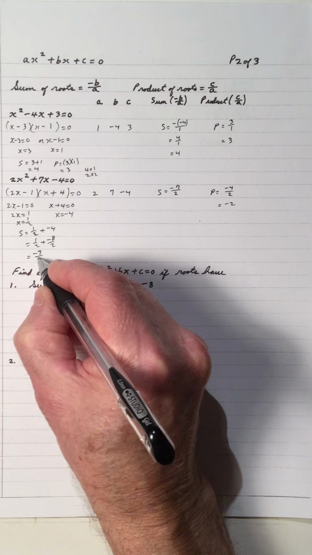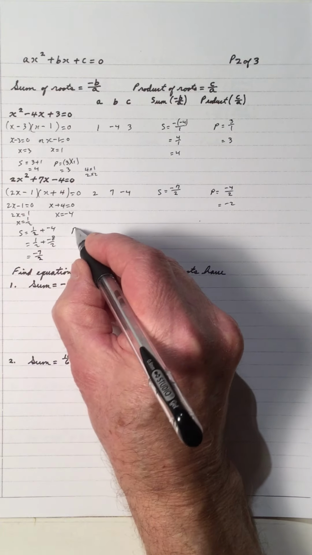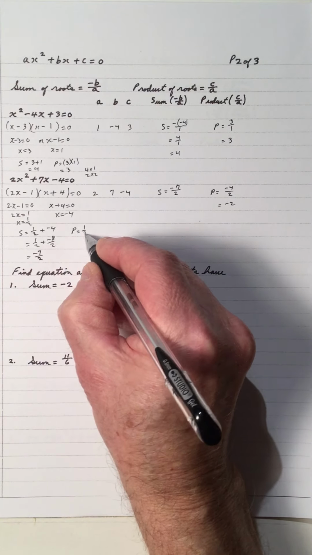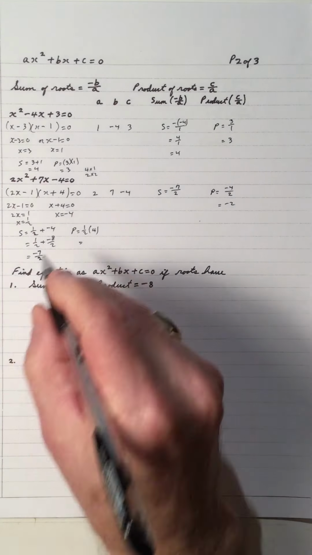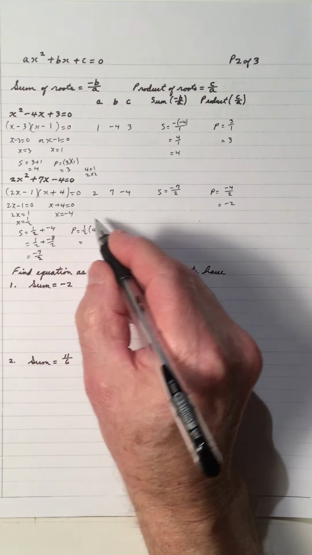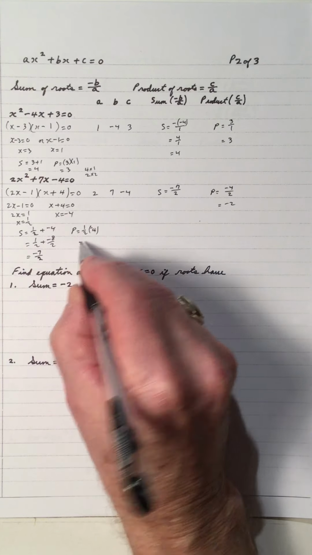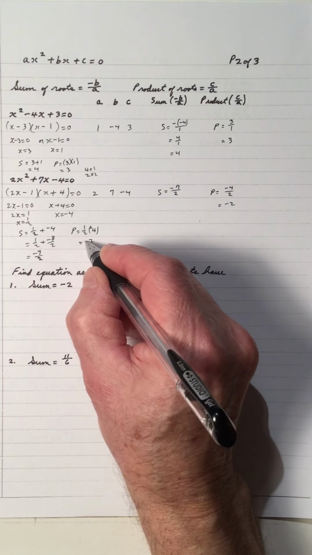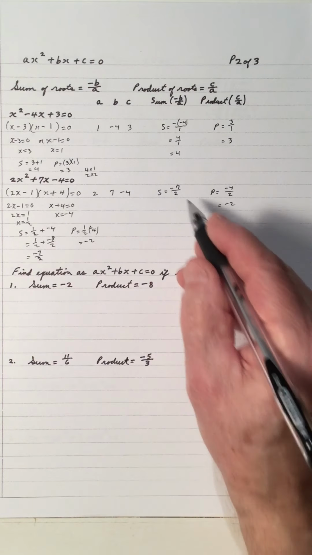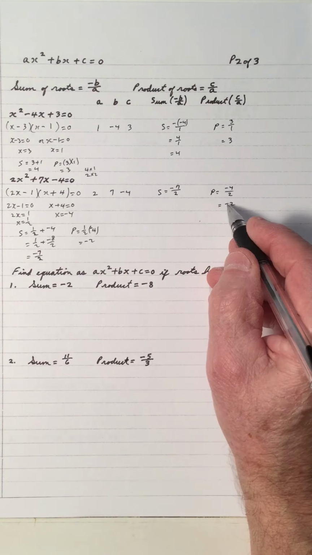Common denominator is 2. The product of the two roots, a half and negative 4, is negative 2. Half of 4 is 2, and a positive times a negative is negative. So the sum is negative 7 over 2, and the product is negative 2.